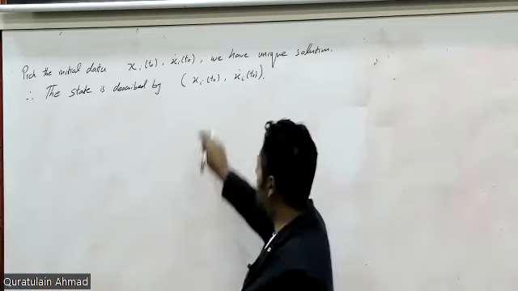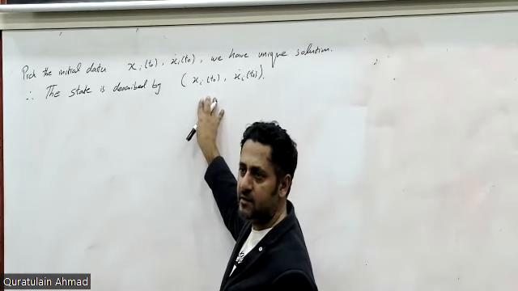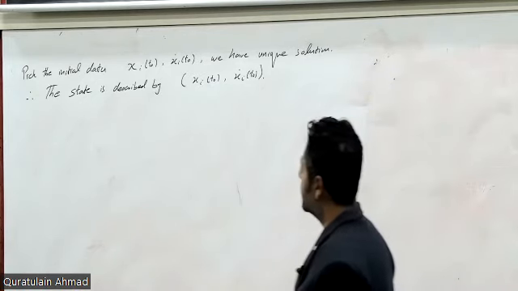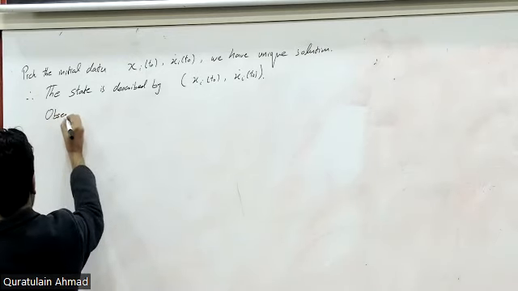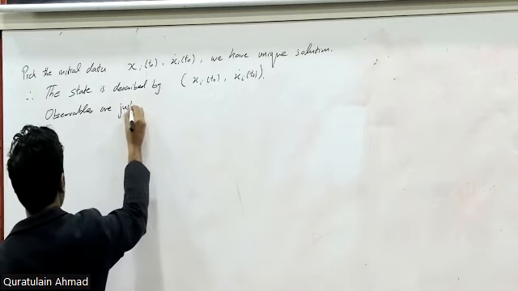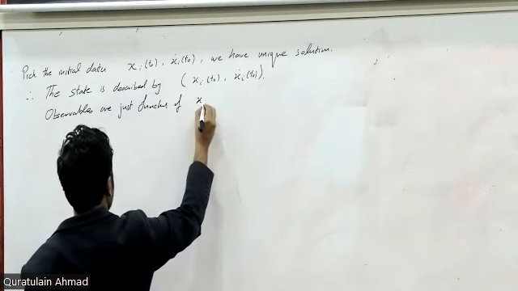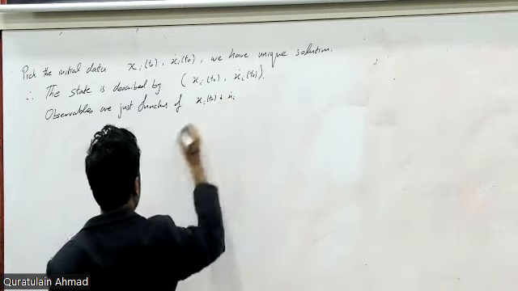So this is the state data, unlike in the case of quantum mechanics where it was an infinite dimensional vector. And all the observables are just functions of xi and xi dot.